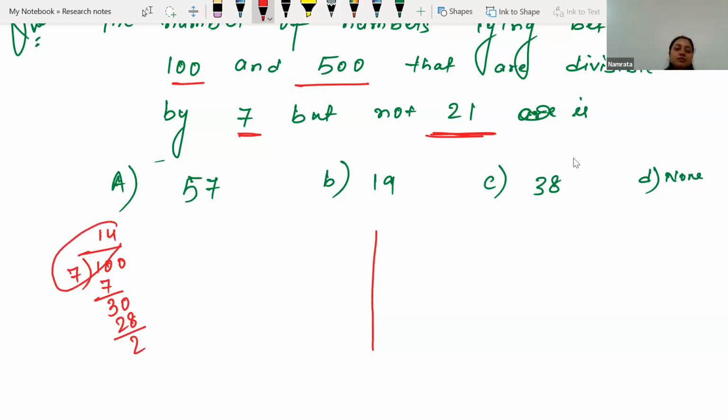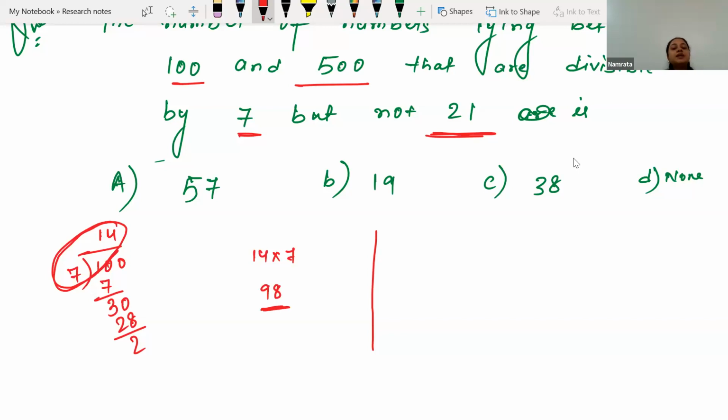So 14 into 7, this is the first number before 100. Let's multiply. 14 into 7 is what? 98. So before 100, the last number before 100 is 98.